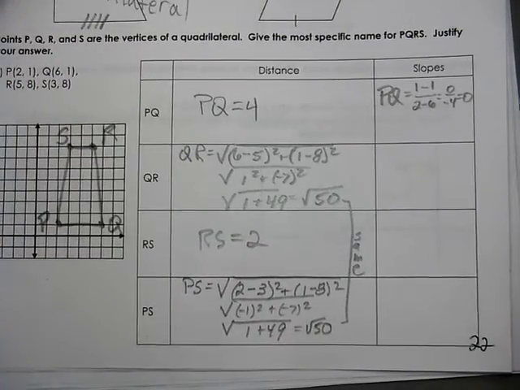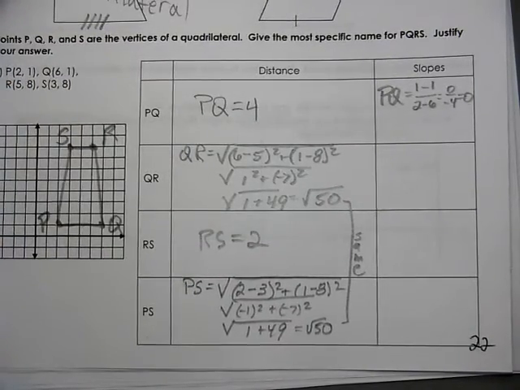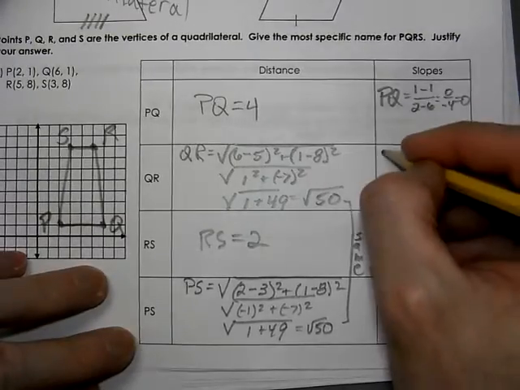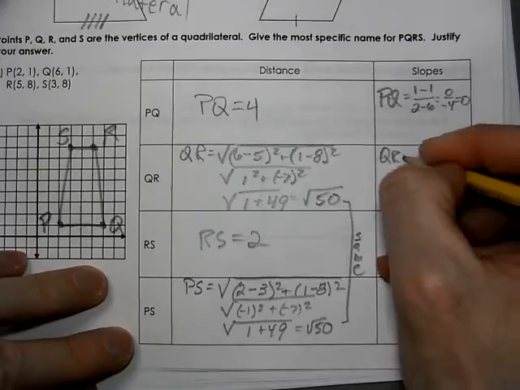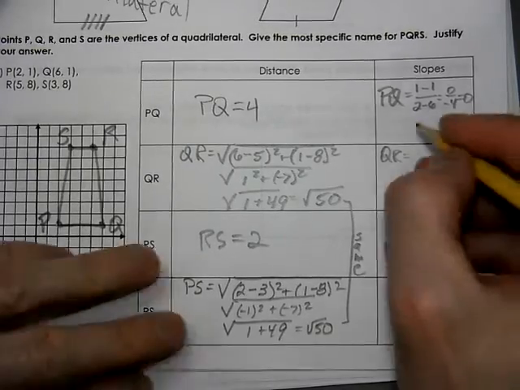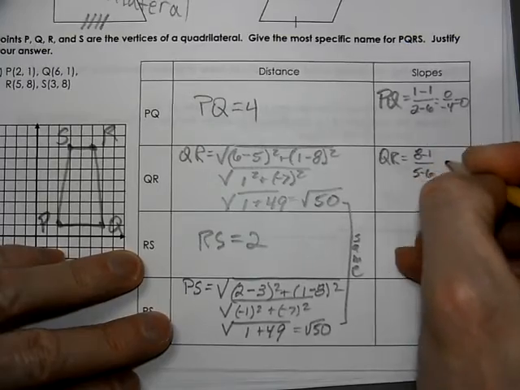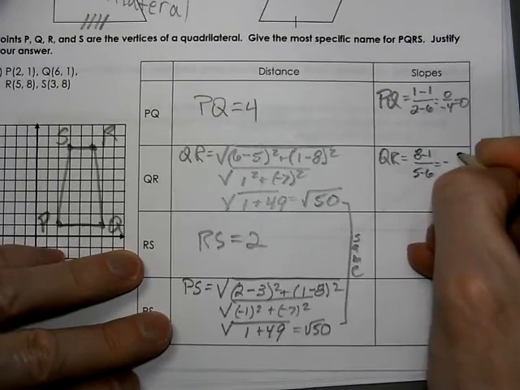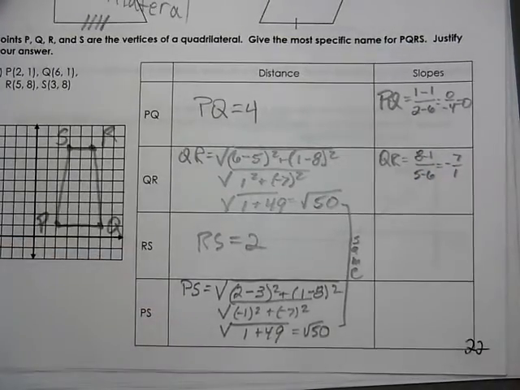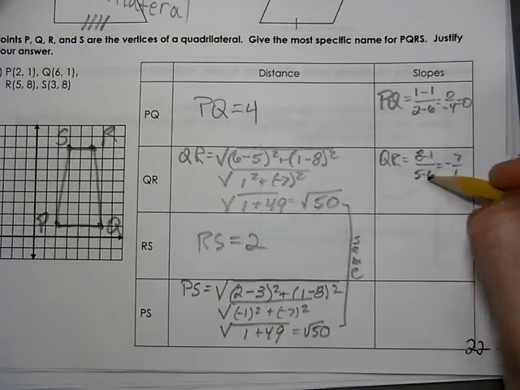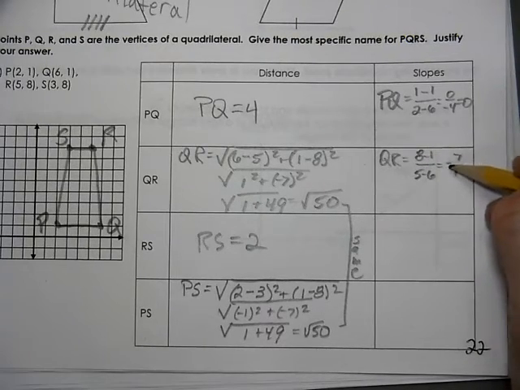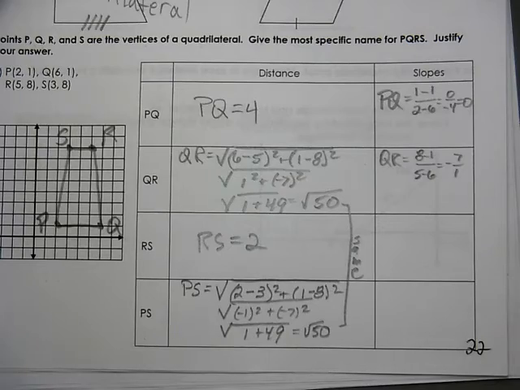We predicted that just because it's a horizontal line. We know it has a slope of 0. QR. For QR, we say 8 minus 1, 5 minus 6 becomes negative 7 over 1. Positive 7 there, but negative 1 on bottom. We typically just put the negative in front.